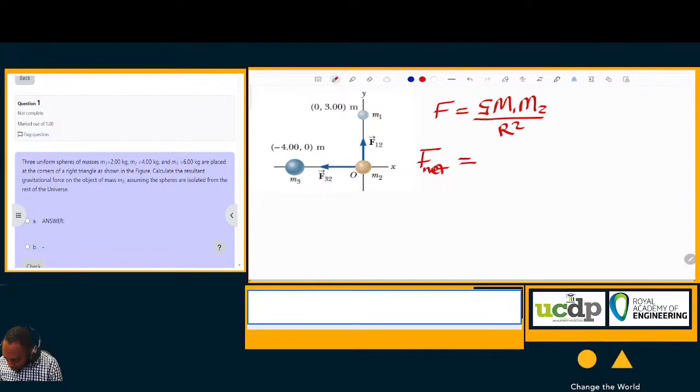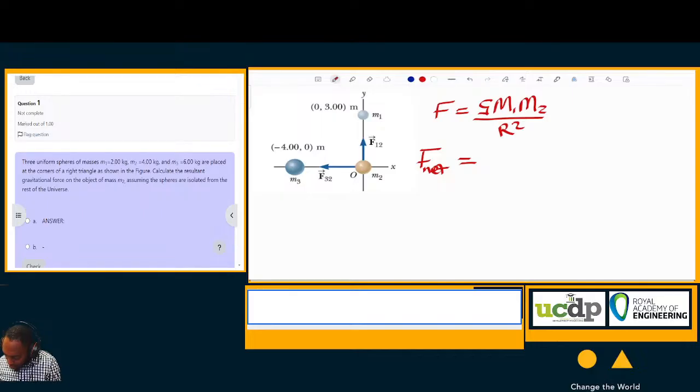First and foremost, if you look, you've got M3 on M2, and you've got M1 on M2, right?